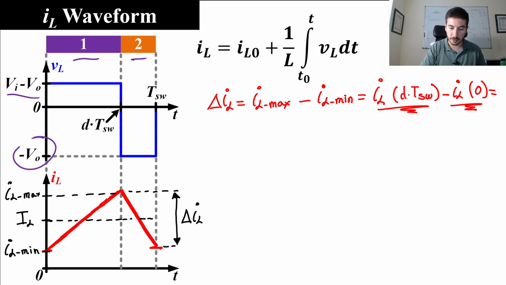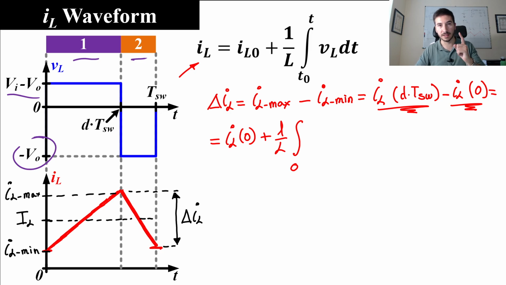I will use this general expression. We can say that this is IL at t equal to 0 plus 1 over the inductance. I will do the integral from 0 to the end of state number 1.